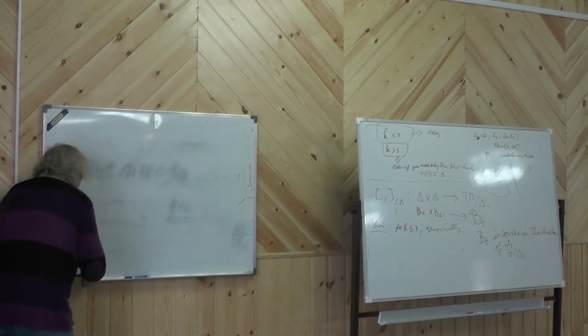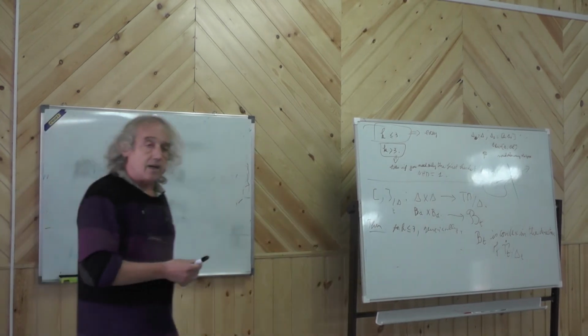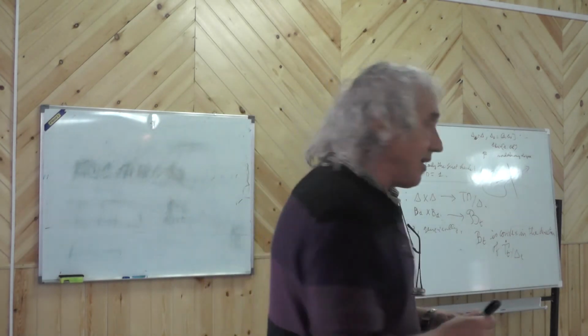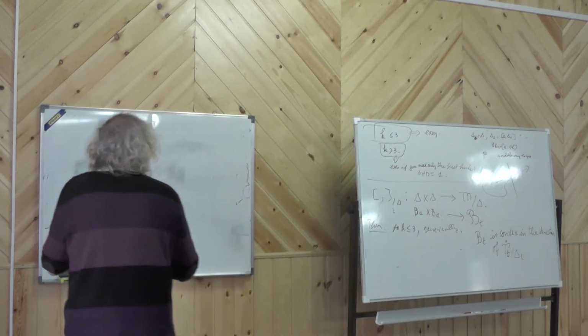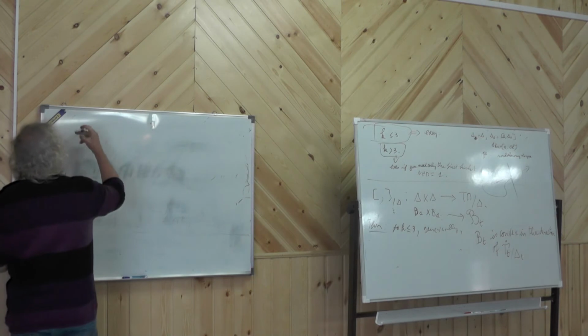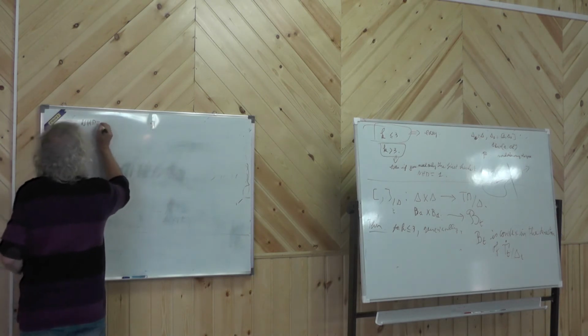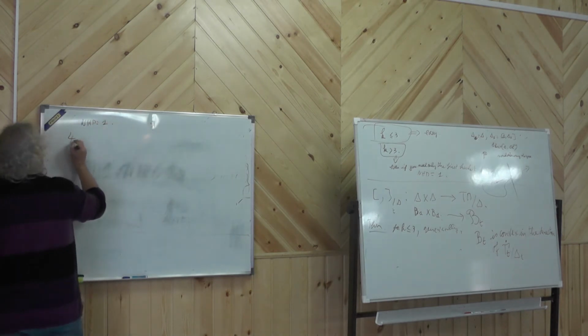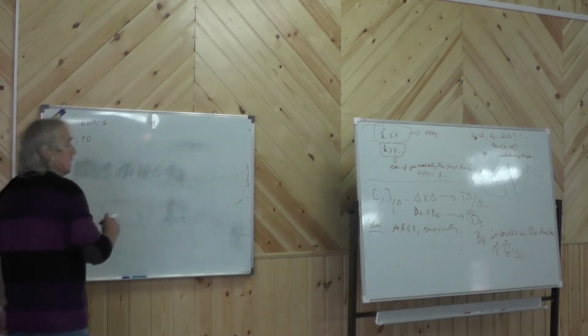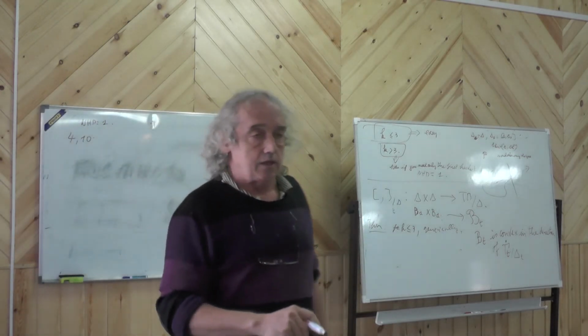But let us consider the first very interesting and wild situation, even with a non-holonomy degree equal to 1. Non-holonomy degree equals 1. You consider a 4-10 distribution.